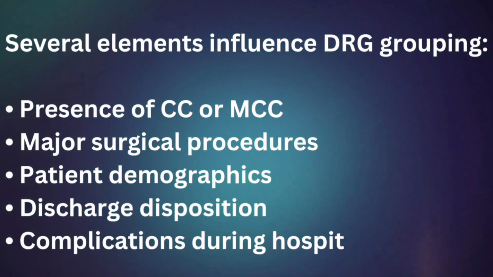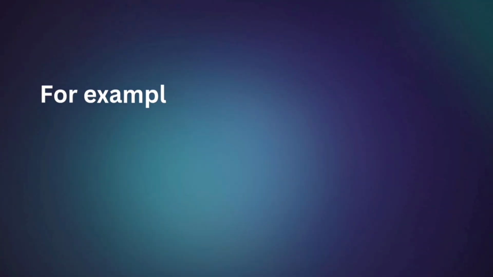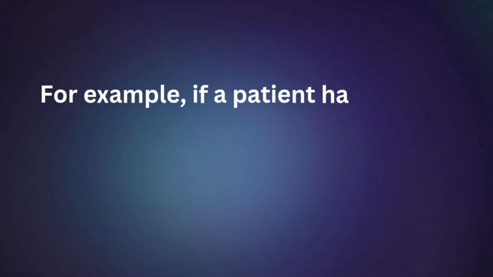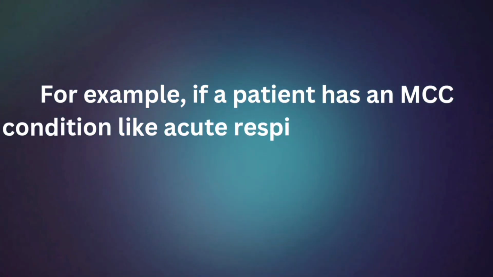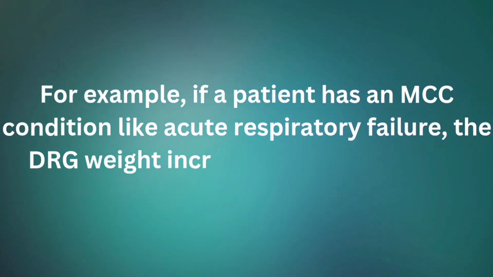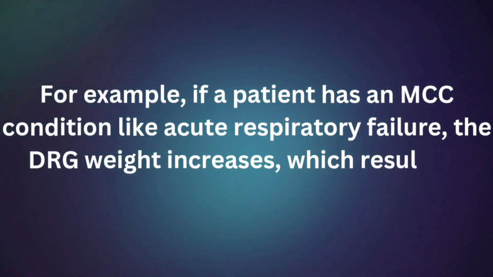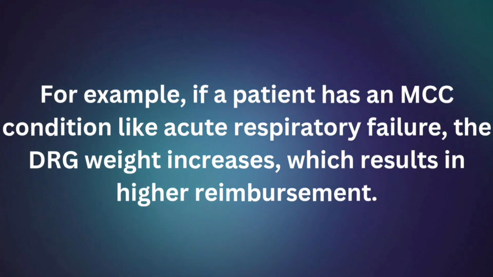So these are all the factors that can influence DRG grouping. For example, if a patient has an MCC condition like acute respiratory failure, it means the DRG weight increases, which results in higher reimbursement. So in this way, MCC influences DRG grouping.